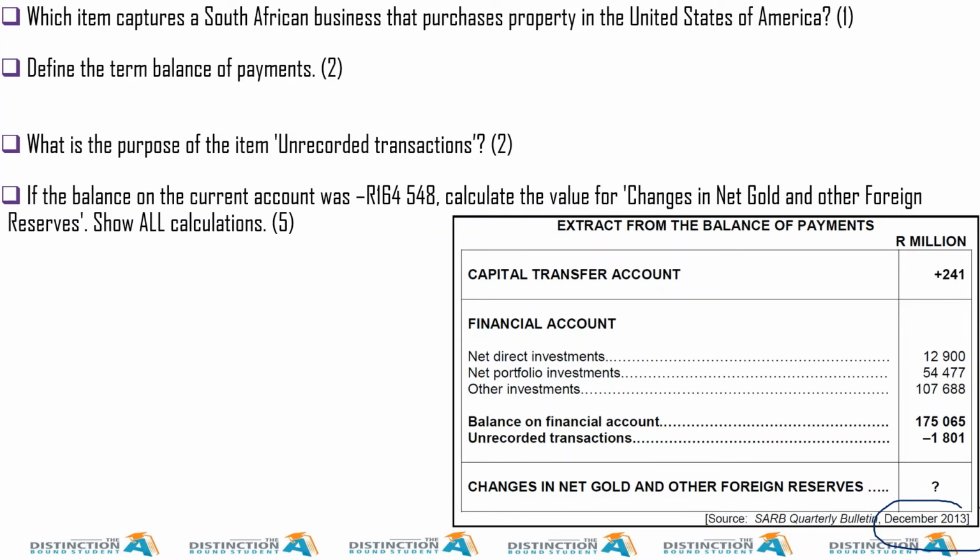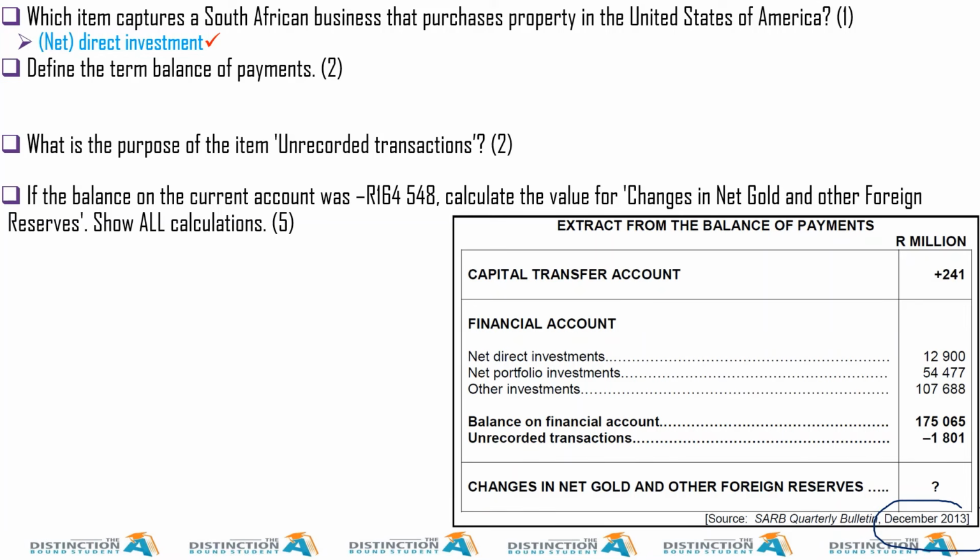Right, which item captures a South African business that purchases property in the United States of America? That will be net direct investment, because if you look at direct investment, normally we say 10% or more.